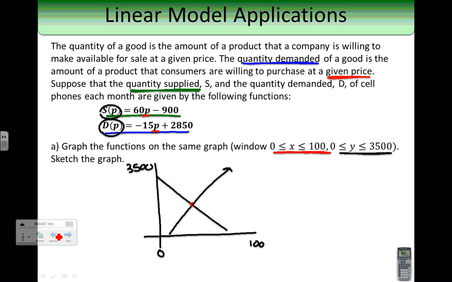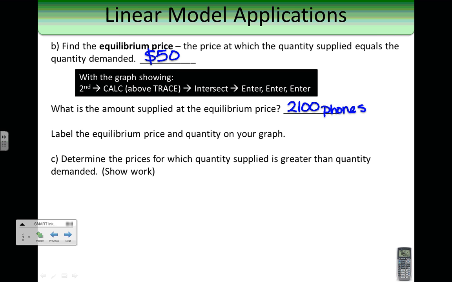Right here is your equilibrium point where the price is $50 and the amount of phones we make is 2,100, right there at the intersection point.